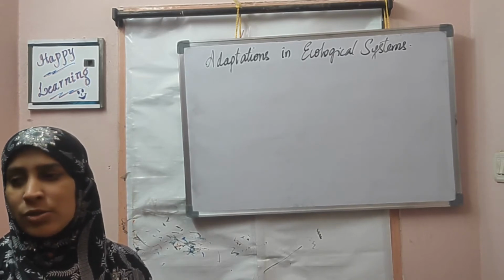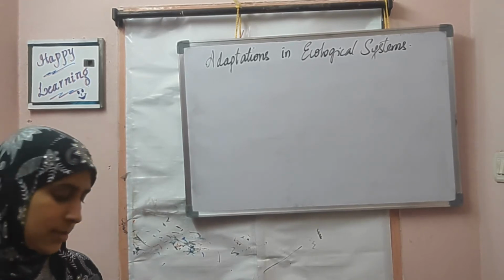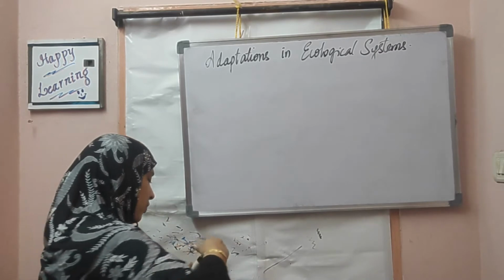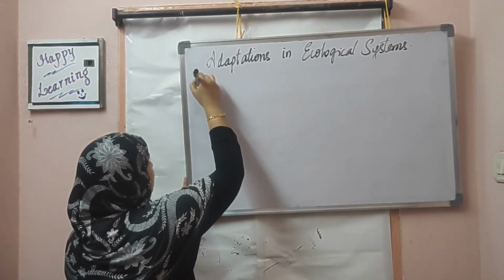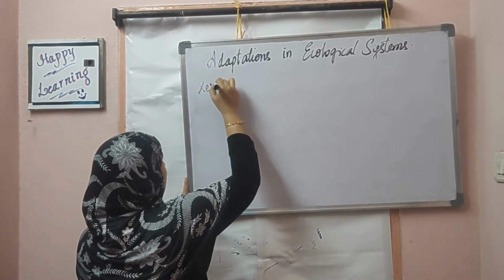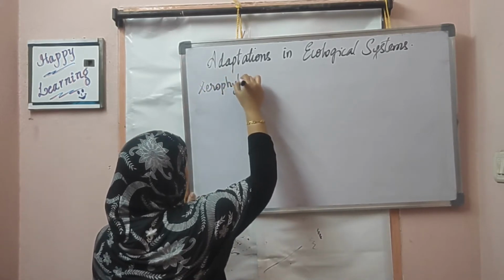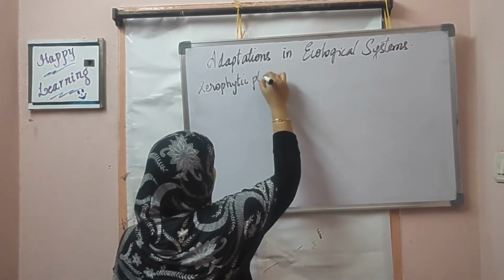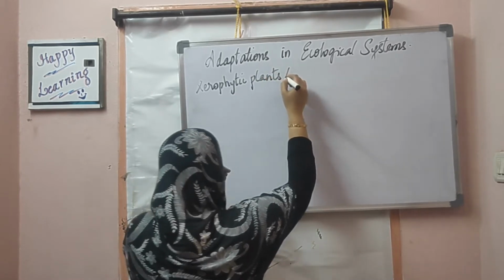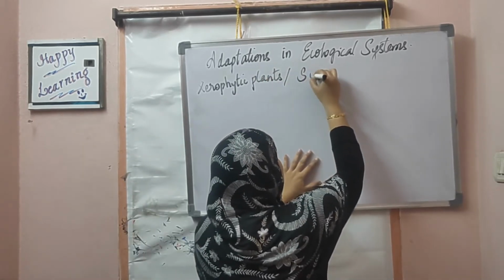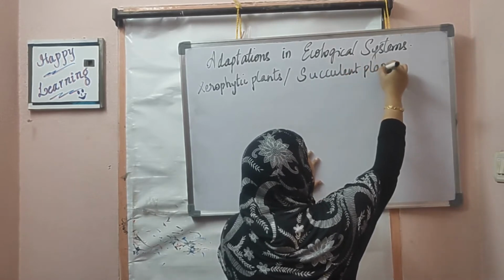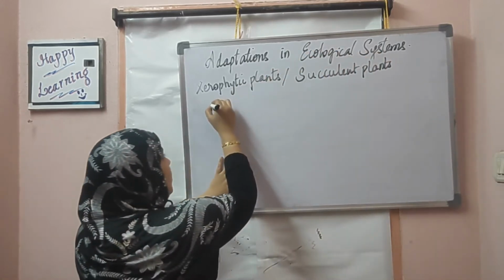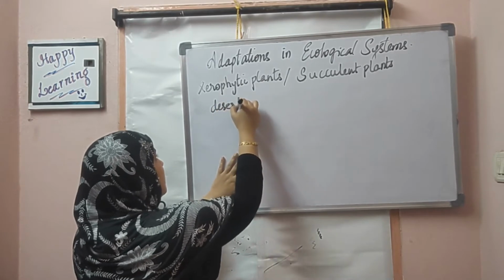Desert plants are also called xerophytic plants. Xerophytic plants are also called succulent plants. These plants usually grow in desert areas.